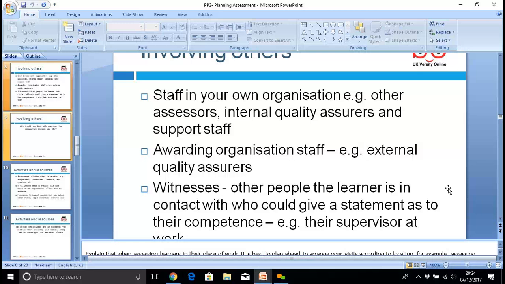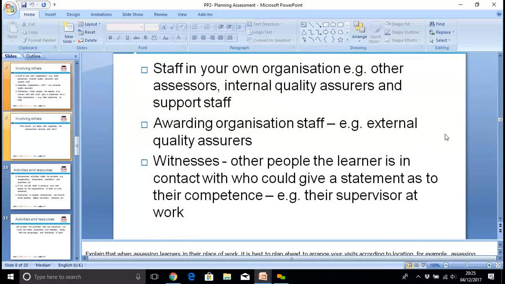One of my group doing DET level 5 has got to do a unit on quality assurance, and she is in the process now of contacting their quality assurance team to understand the documentary work that they have to do to gather evidence of quality within their environment. Once that's been done, she can then talk about that in the script that she's going to write for me. So again, information is available to a lot of people. They've only got to ask and find out in their own establishment who does what and what information they can help you with.